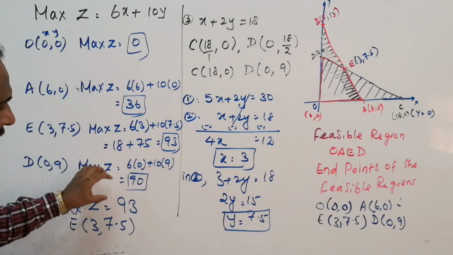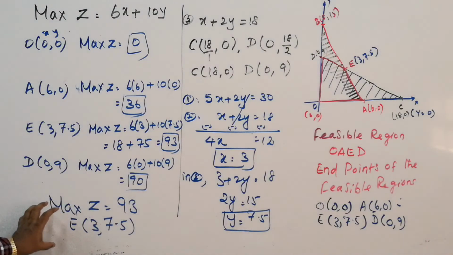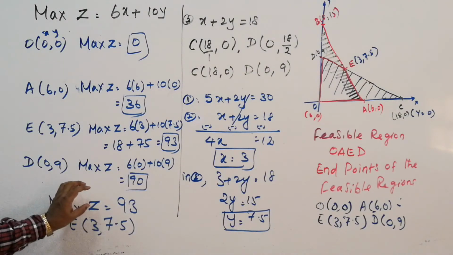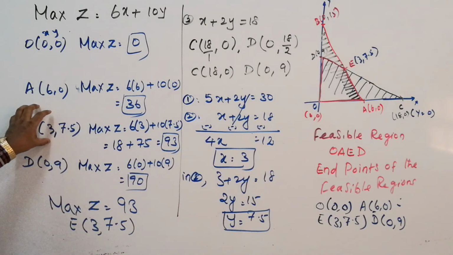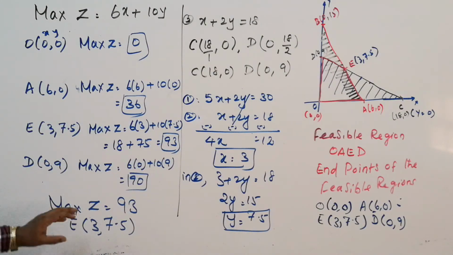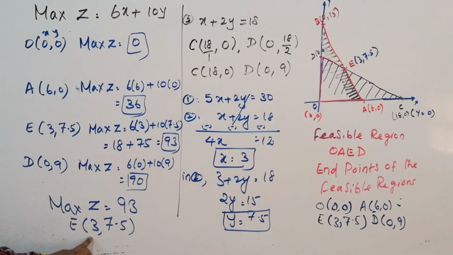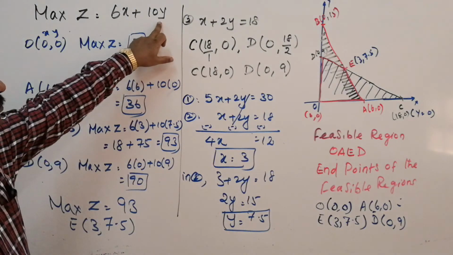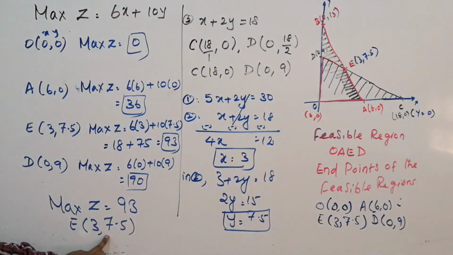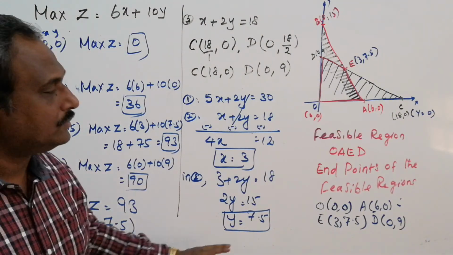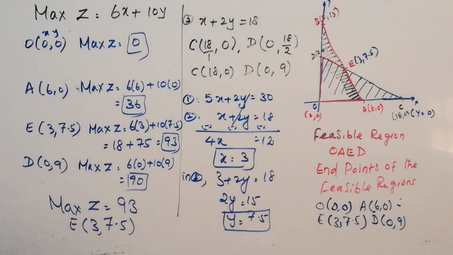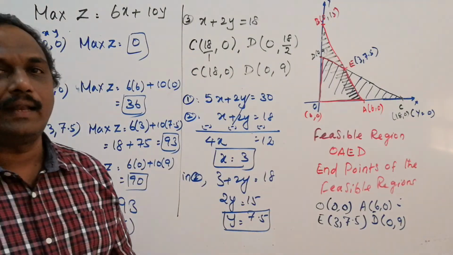Wherever you get the maximum value, we assume that as the maximum profit, and the corresponding value 3, 7.5 means if I want to produce X quantity of product A, I am going to produce 3 quantities. When I want to produce Y quantity, I am going to produce 7.5 quantities. So this is the way we solve the LPP graphically.